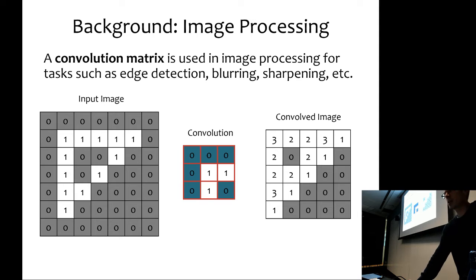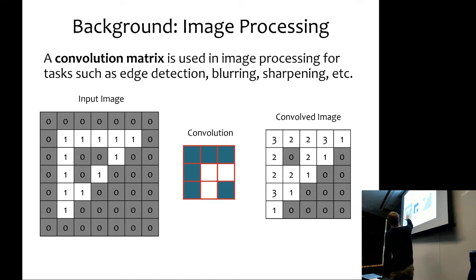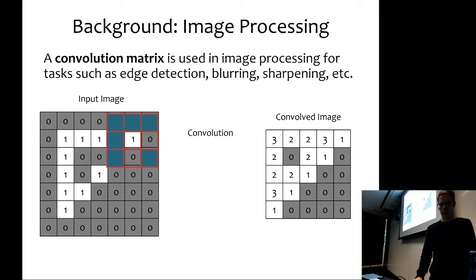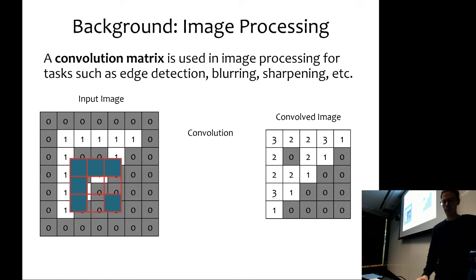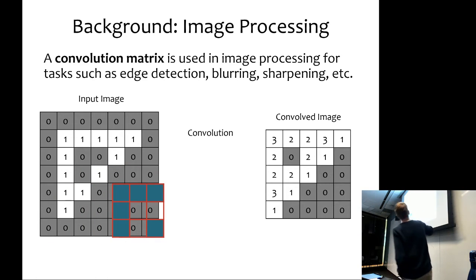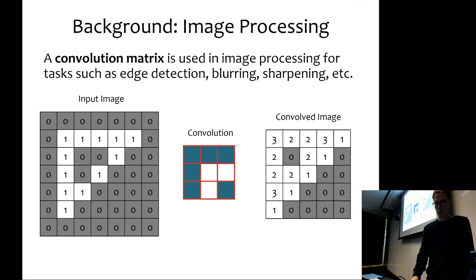All of the information of these 0s and 1s is encoded by which of these squares are shaded as blue. Those are the 0s and the rest are 1. So you could think of this convolution as basically being a level of transparency, right? The blue squares are opaque, you can't see through them, and the 1s are transparent. And so if we take that convolution and slide it along here, at each different position, we're getting back an actual value for the convolved image.